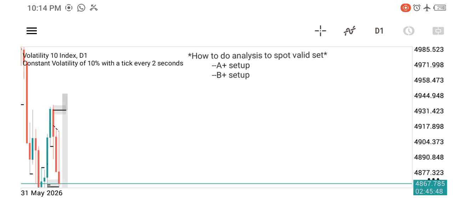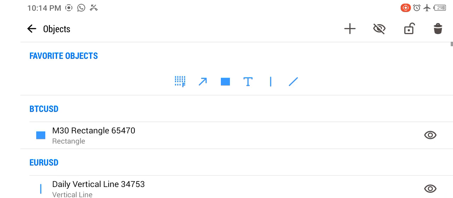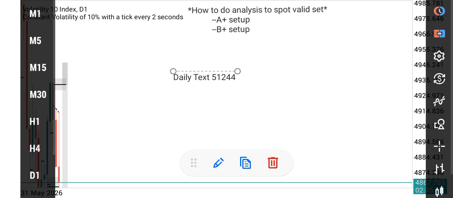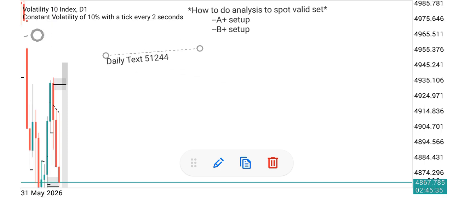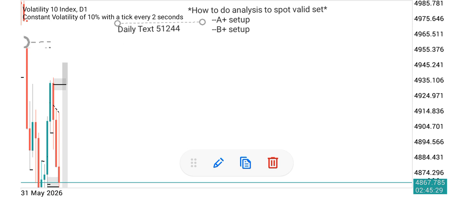So for instance, now if you want to spot an A+ setup, I advise you make use of the 4 hours time frame. Let me say this is a 4 hour time frame.